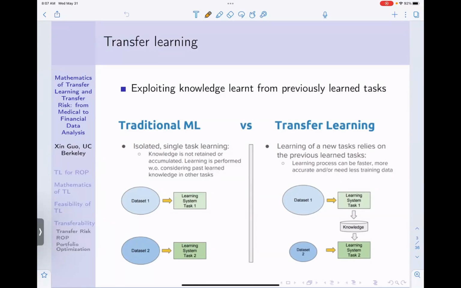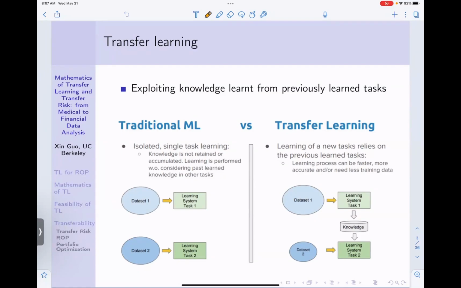With transfer learning, you have a task you need to finish, then you look around to see what other related tasks you have accomplished, and you try to learn from the previous tasks and leverage that knowledge. So the isolated tasks are connected in a very interesting way.